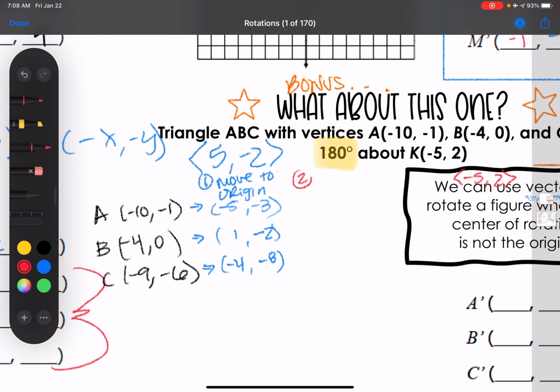So your second step is apply your rotation. It's 180 degrees, so that negative 5 is going to become a 5. That negative 3 becomes a 3. That 1 becomes a negative 1. That negative 2 becomes a positive 2. And then you've got 4, 8.